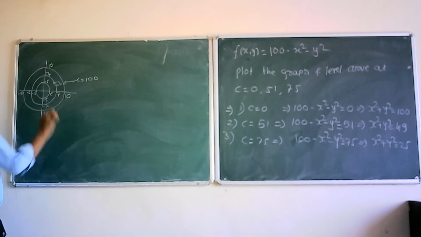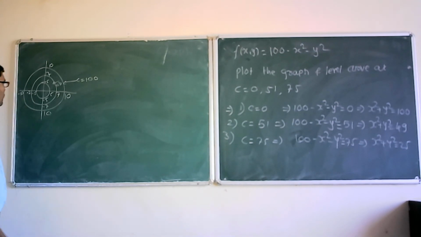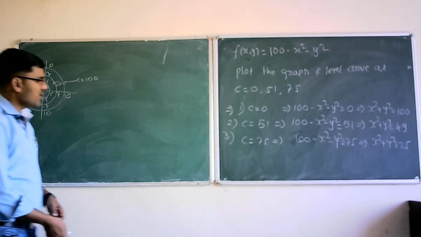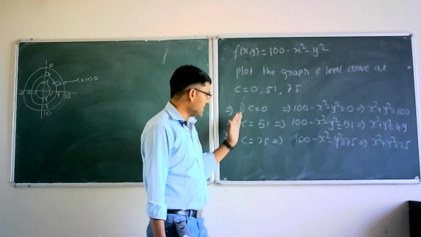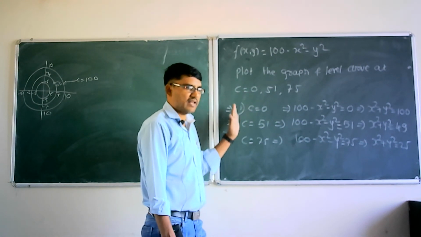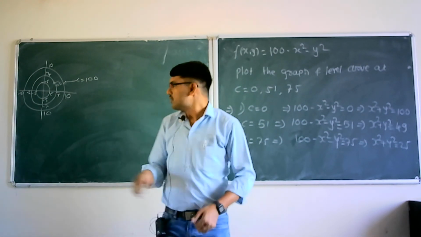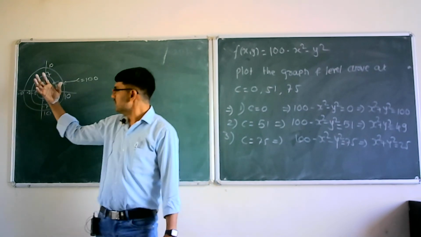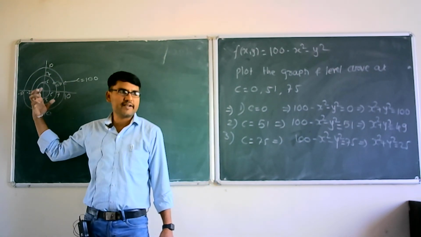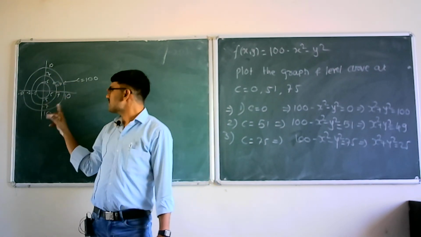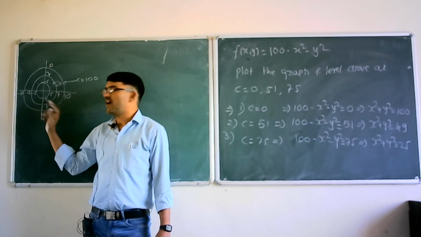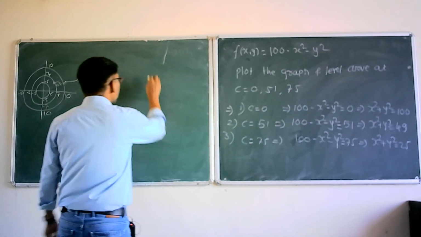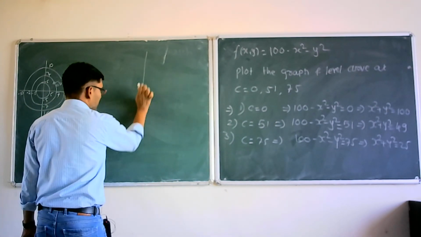So this is c is equal to 75. If you observe, as the value of c increases, the radius of circle decreases. First radius of circle is 10, then 7, then 5 and so on. By using this information, we want to draw the graph.